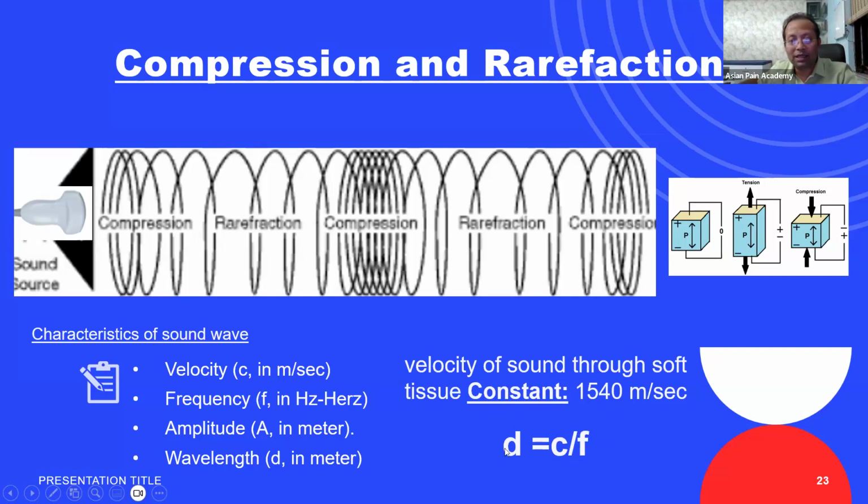The result is that frequency and wavelength become inversely proportional. That means, clinical implication: as you increase the frequency, wavelength becomes smaller. As you decrease the frequency, wavelength becomes higher. From this slide, this much only: frequency and wavelength are inversely proportional.